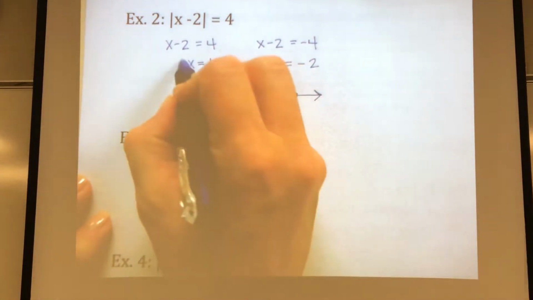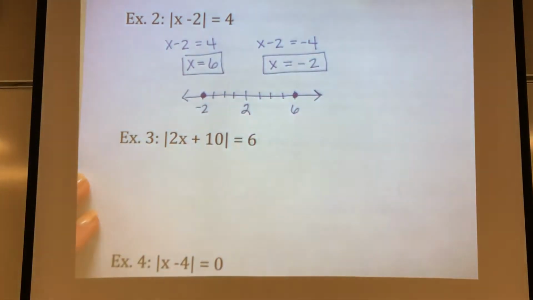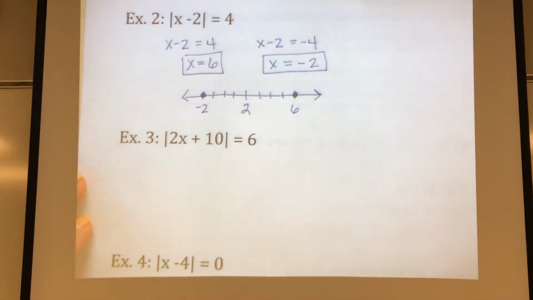So our answers are x equals 6 and x equals negative 2. All right, so please try that again on number 3. I want you to write it out twice, solve it, and then graphically show what you have there. So hit pause and then come back and check.